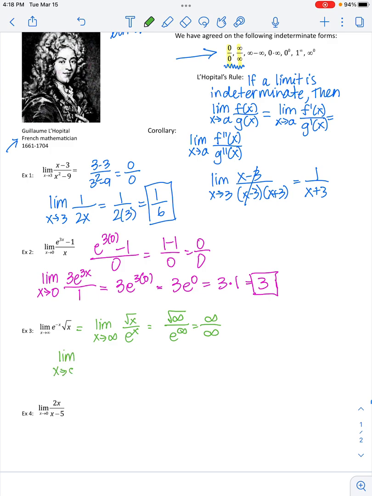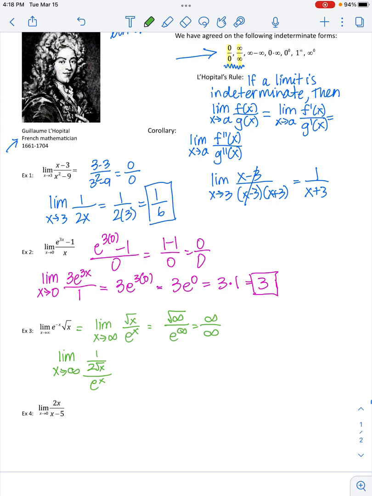Oh, hello. Let's try infinity here. So, remember that the square root of x is x to the 1/2 power. And hopefully we've recognized that the derivative of that is 1 over 2 root x for the numerator. And the denominator is e to the x.